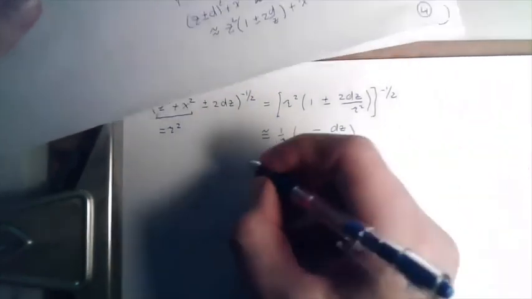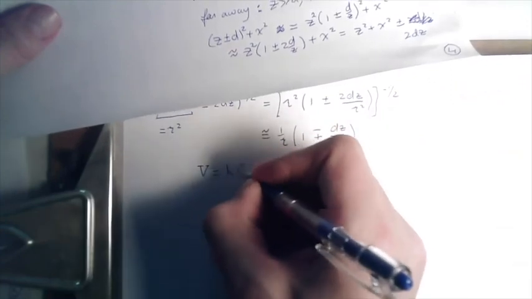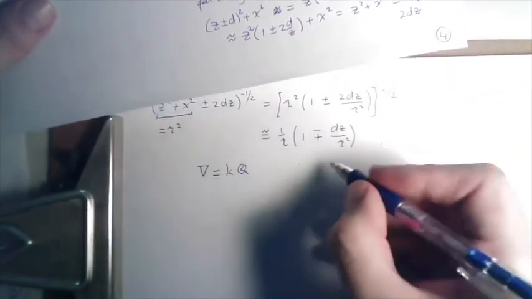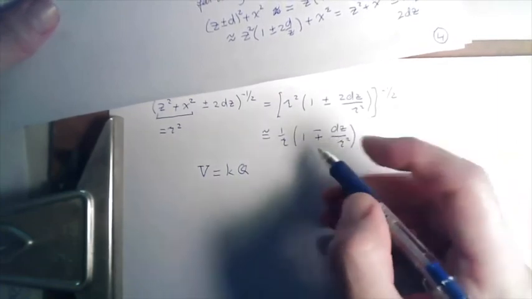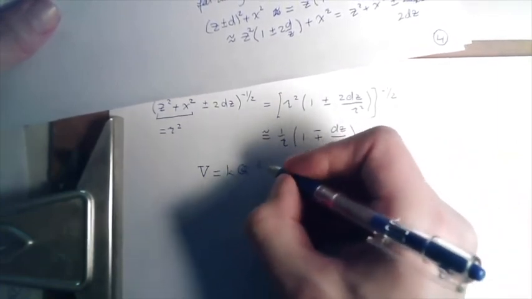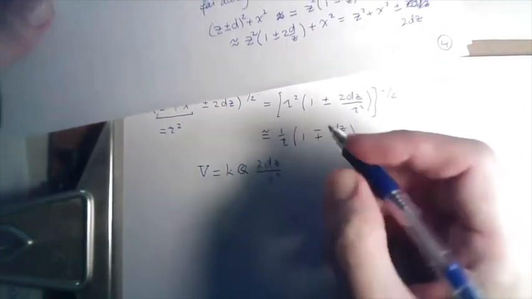And I'll end up with the following. So V, okay, Q. And I'm going to drop this term, but I'll have another factor r here. So I'll have a 2dz now over an r cubed.